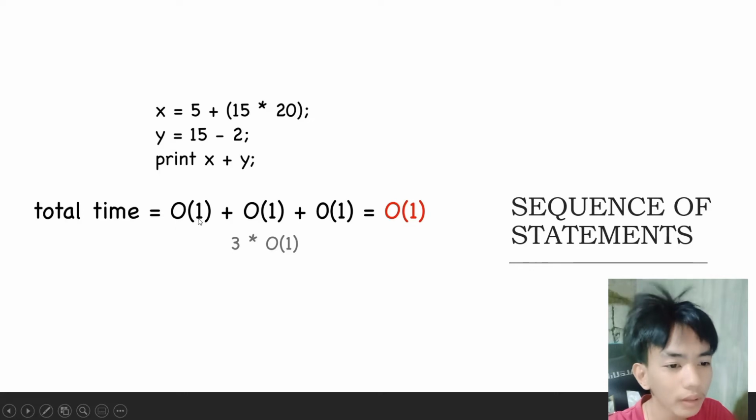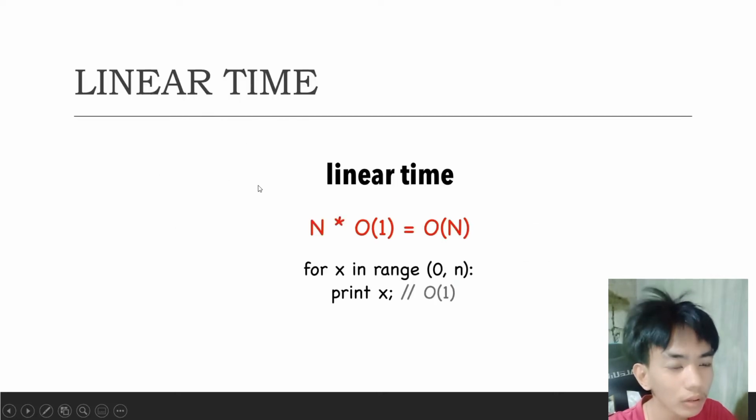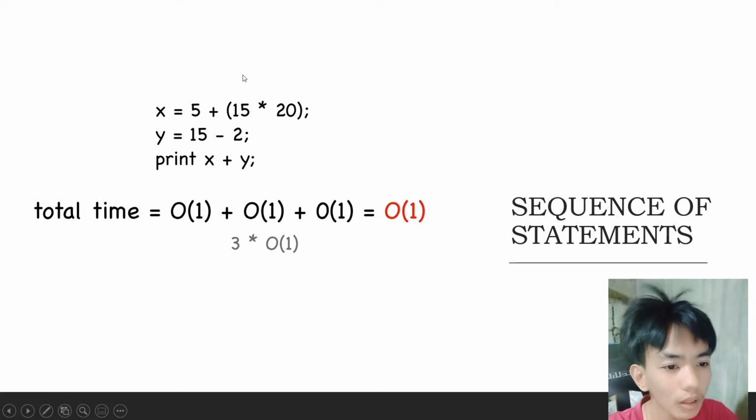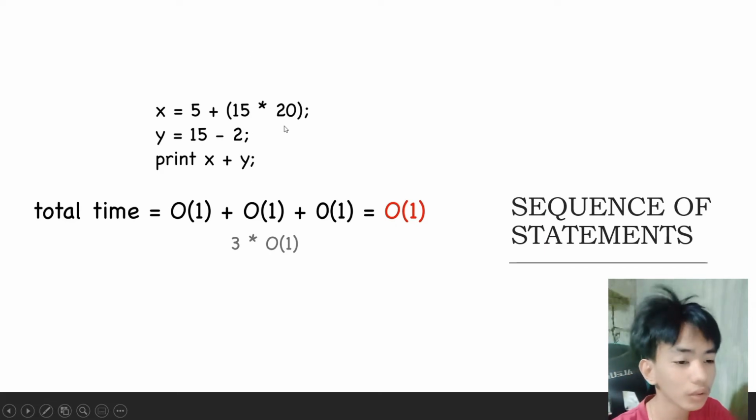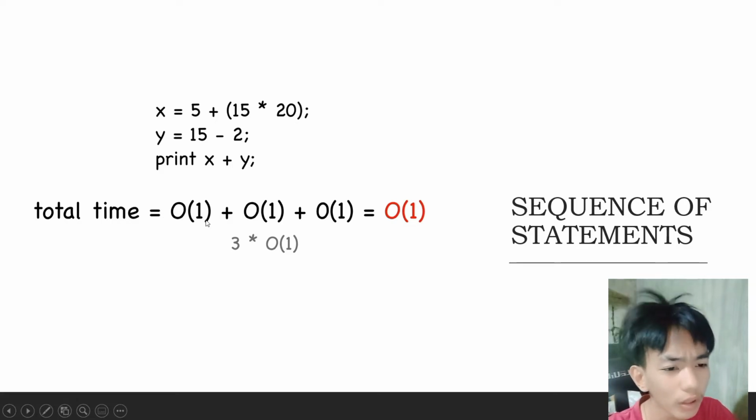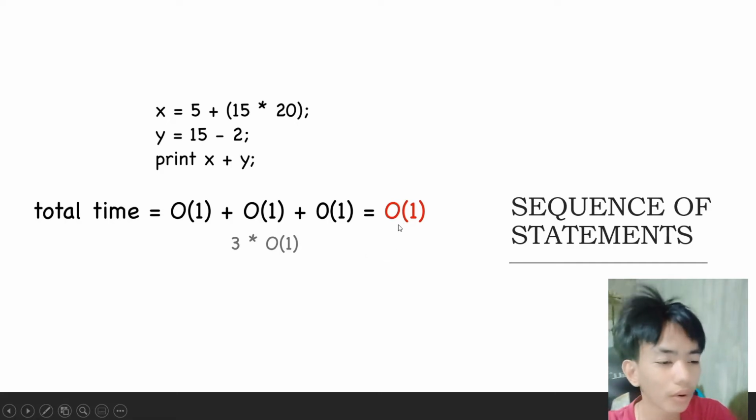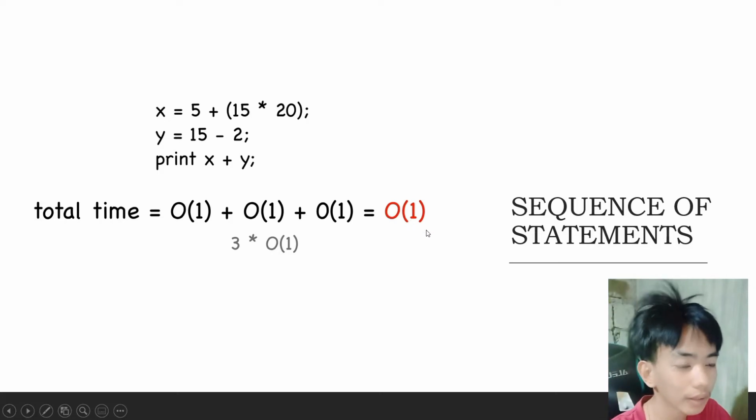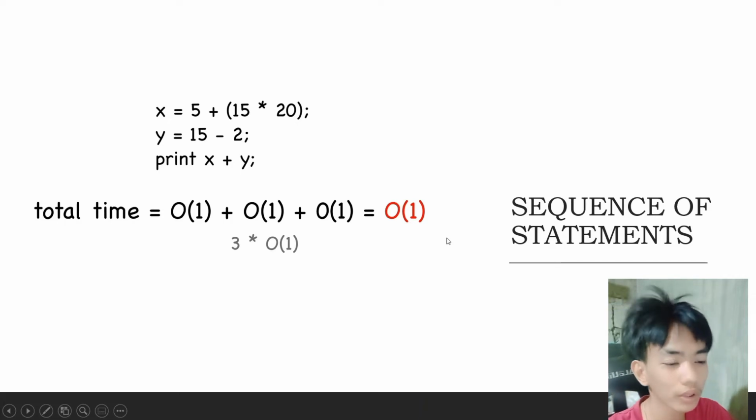O of 1 ito statement na to, and lahat sila O of 1 because ini-ignore natin yung constants dahil sa general rules. So, O of 1 plus O of 1 plus O of 1, para 3 times O of 1 in short. Ang sagot is O of 1 kasi nag-base pa rin tayo sa general rules, which is in-ignore yung constant.